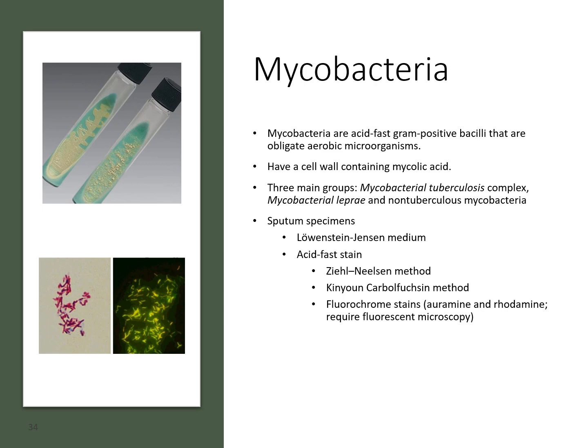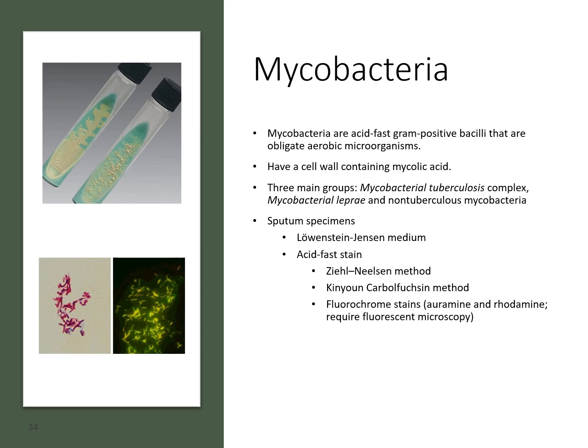With these organisms, you have three main groups, which are the Mycobacterium tuberculosis complex, Mycobacterium leprae, and the nontuberculous mycobacteria. Some of the testing that is done with these, of course, is looking for these organisms within sputum specimens.